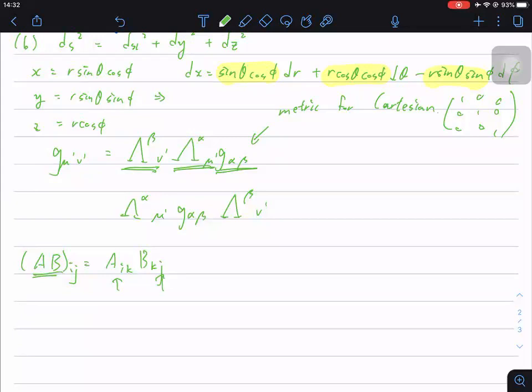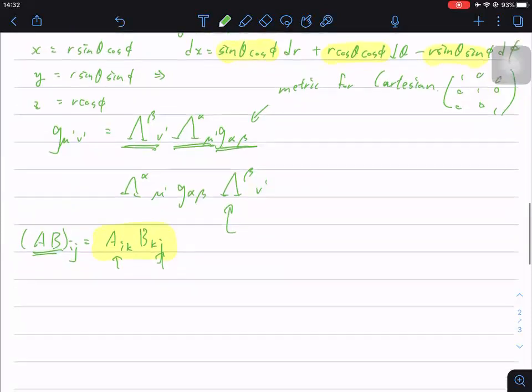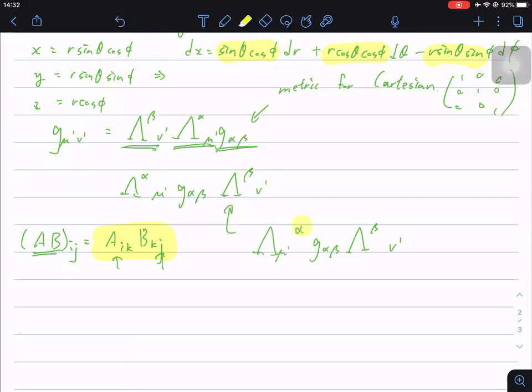So if you want to do the matrix multiplication, your indices must be written in this form, which means that if we want to use matrices to do the calculation, we have to write it down as a matrix multiplication. I have to write it like this, with alpha and alpha here, and beta, beta here.